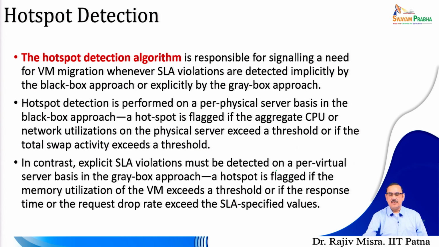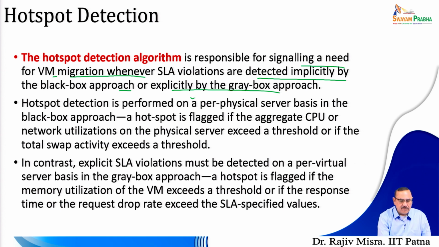So, the hotspot detection algorithm, let us see, is responsible for signaling a need for virtual machine migration whenever SLA violations are detected, implicitly by the black box approach or explicitly by the gray box approach. Hotspot detection is performed on a per physical server basis.